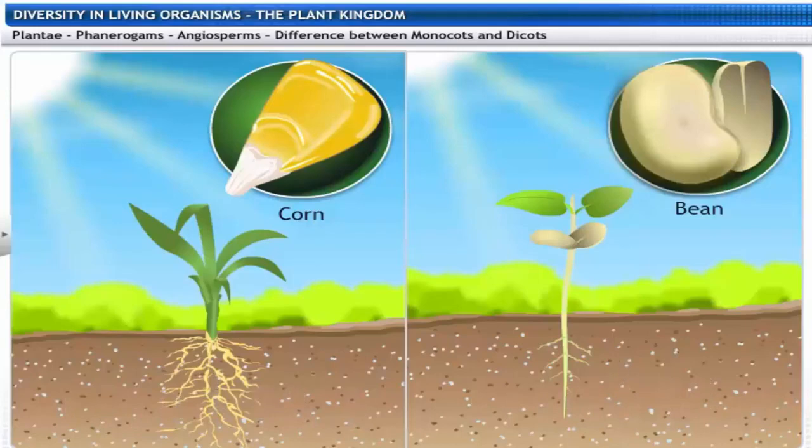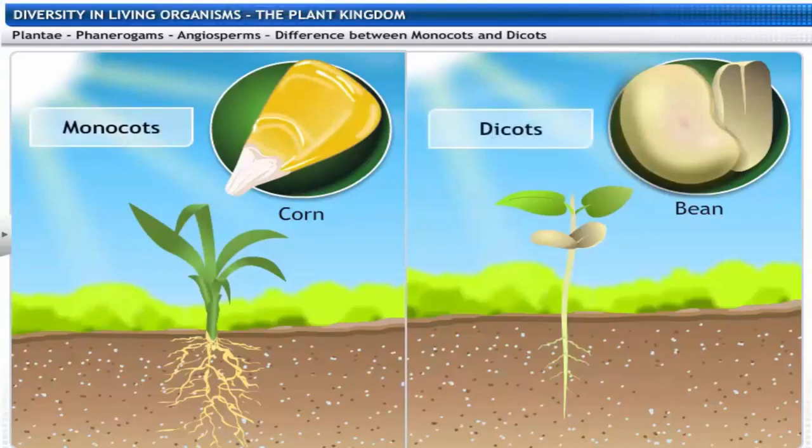Examining the parts of the corn seed and the corn plants, you can see that the corn seed is a single whole seed. On the other hand, the bean can be split into two parts. That's because the corn seed is a monocot and the bean is a dicot.